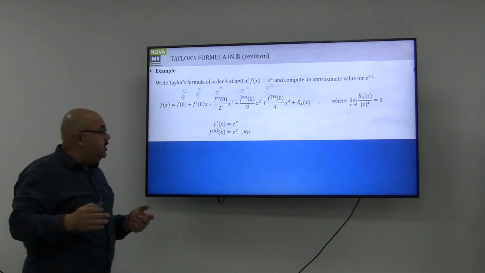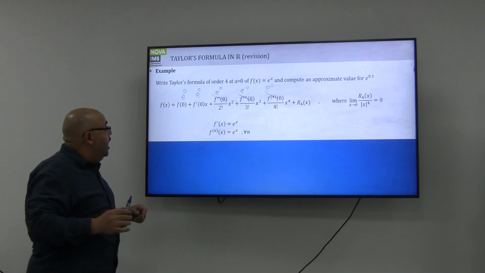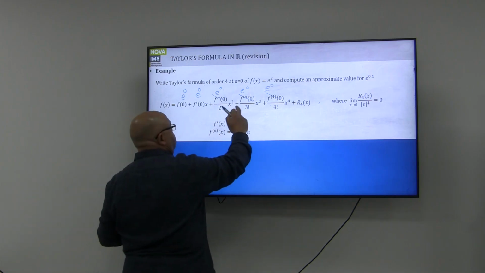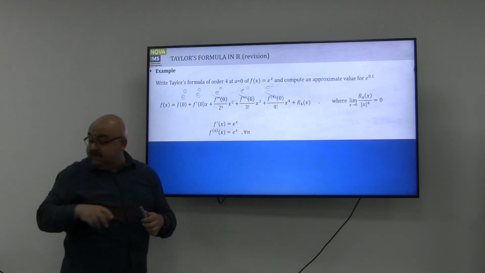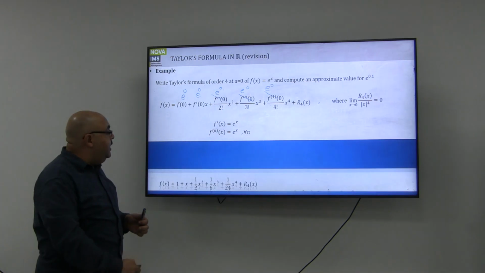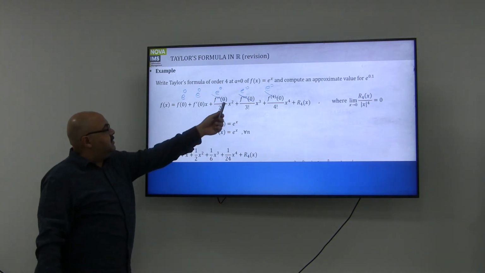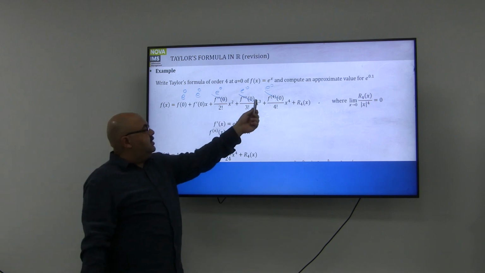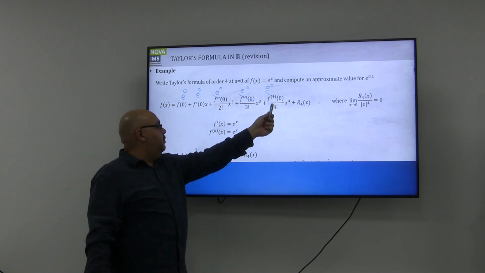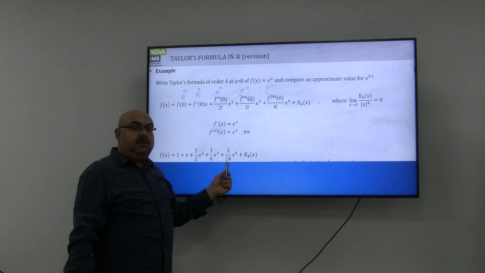So all of them are going to be equal to 1. Then I will have x, then x squared, then x cubed, then x to the power of 4, which is simply going to be in this form: 1 plus x plus x squared over 2 plus x cubed over 6 plus x to the power of 4 over 24, as you can see.